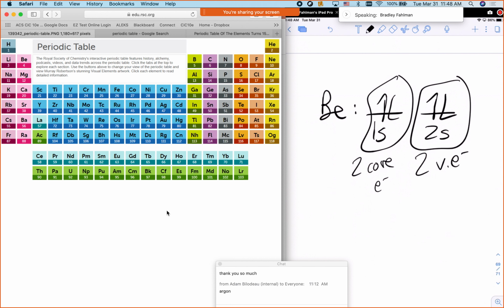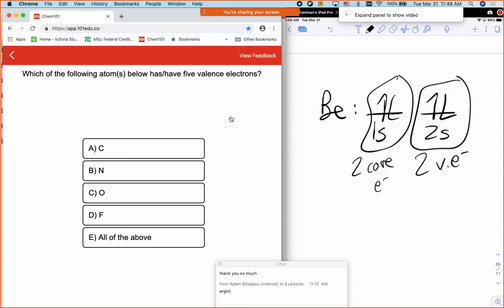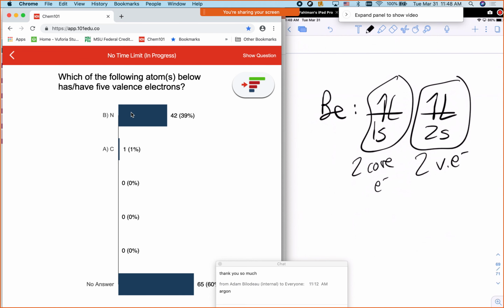You're just looking at which one is in group 1, 2, and then 13, 14, 15, or 5A. It's in this group here, so that would be nitrogen. Carbon would have 4 valence electrons.